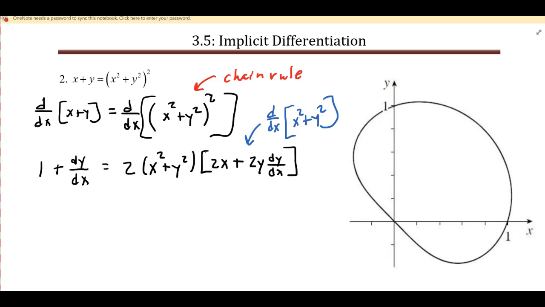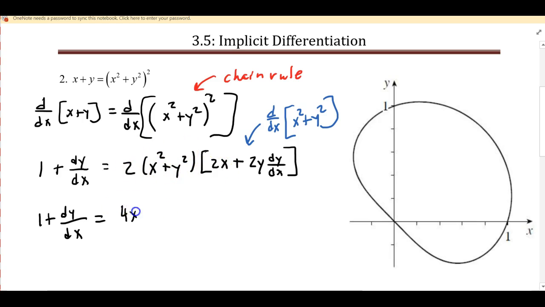All right, now, cleaning up, we need to solve for dy/dx. So I'm going to leave this one here, 1 plus dy/dx, alone for a moment. I'm going to deal with this side here. Let's just go ahead and distribute this whole expression here. This 2(x squared plus y squared), we're going to multiply that times 2x plus 2y dy/dx.